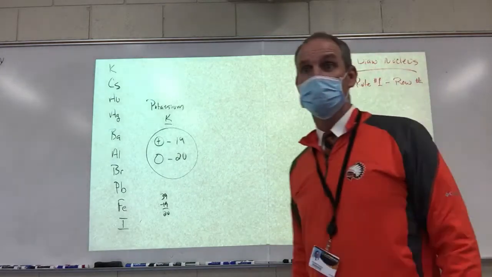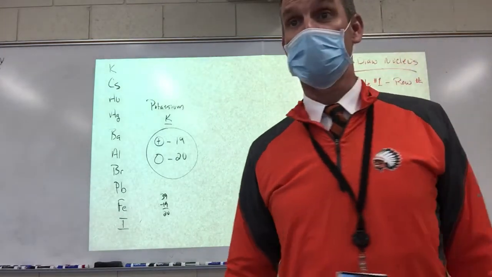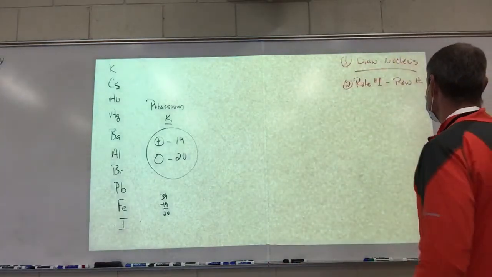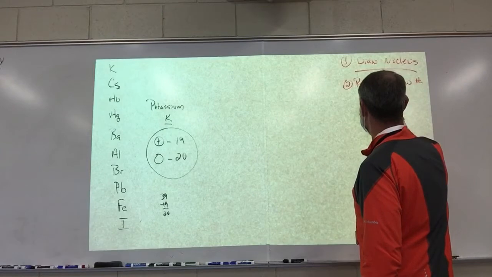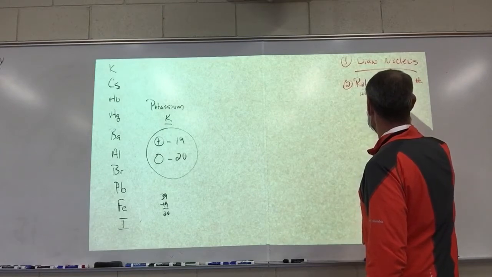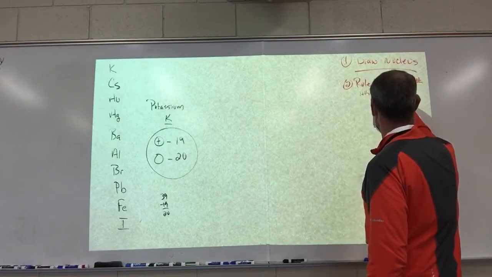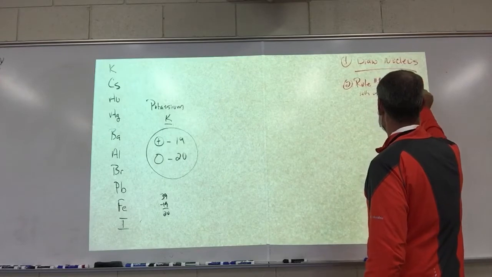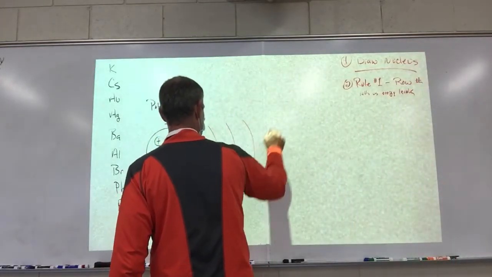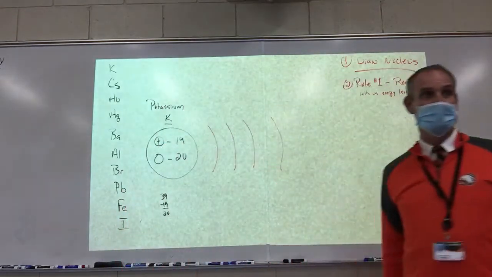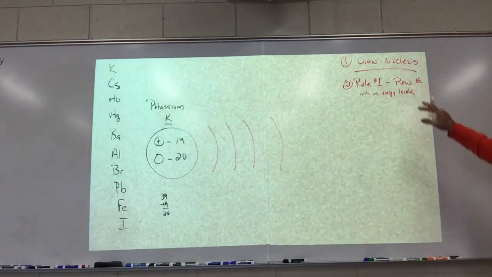What row is it in first? 4. It's in 4. Good. What does that number 4 tell us, Max? The number of lines you're going to put. Energy levels. Tells us energy levels. Or the number of lines you're going to draw. 1, 2, 3, 4. Perfect. Okay. So that's step 2.